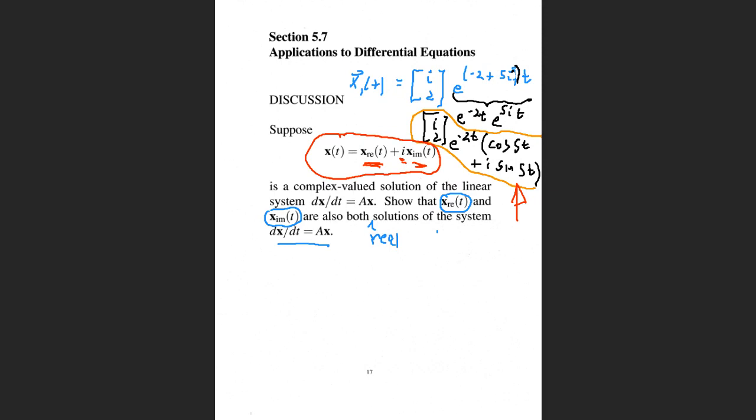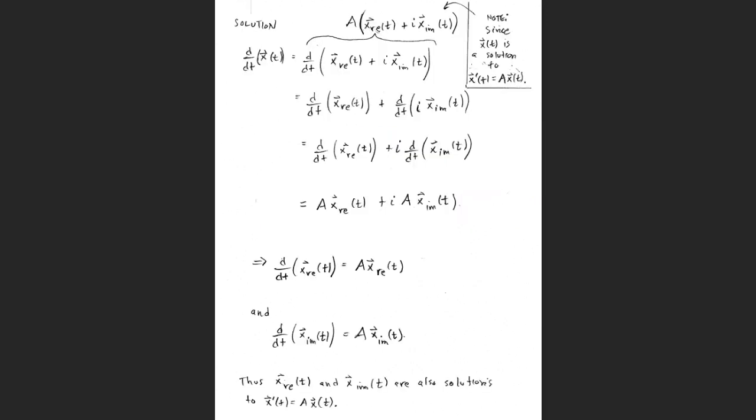So let me show you why. On the next page here, let's assume that this is a solution, x real vector plus i times x imaginary vector. Let's assume it is a solution to the differential equation.